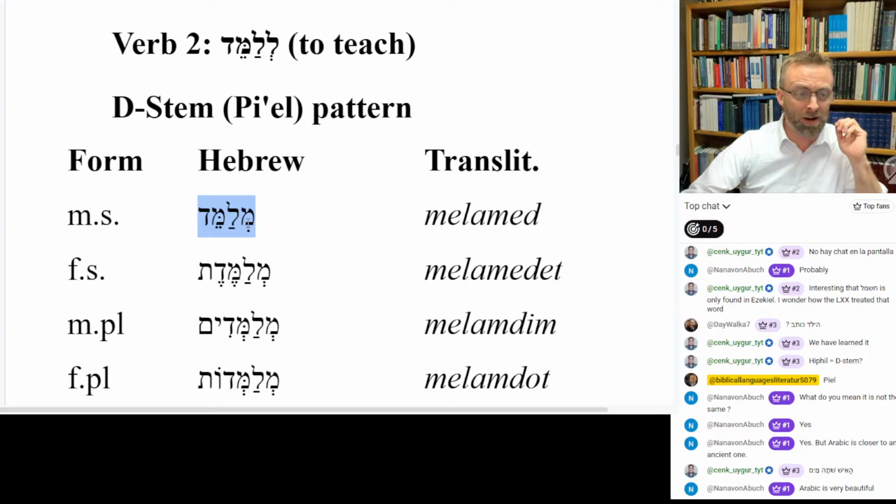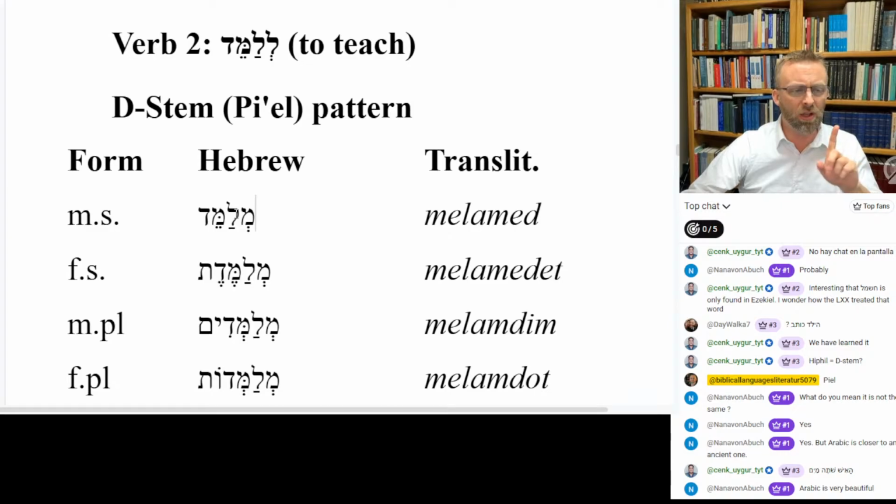Because midaber adds a mem, it adds a schwa, it has the same vowel pattern: the A-class vowel, short A type, we call this vowel sign patach, and the I-class long E type, tsere. Okay? Milamed.